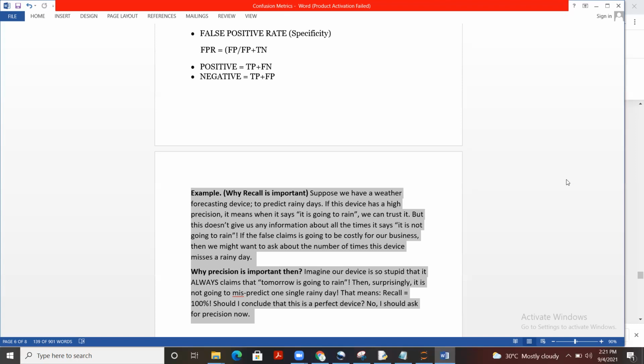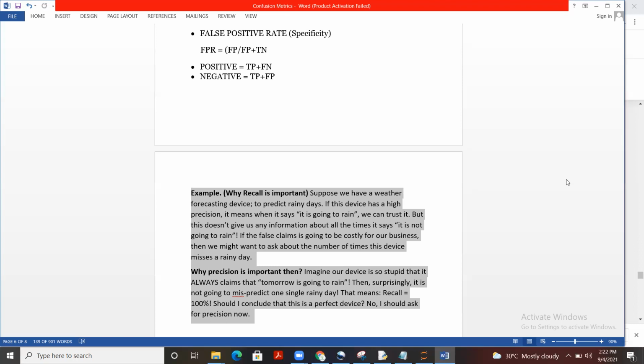So that's why recall has its own importance while making decisions, and precision also has its own importance while making decisions. Again, recall is like how many times you were actually accurate, and precision is like how much irrelevant data you have added.